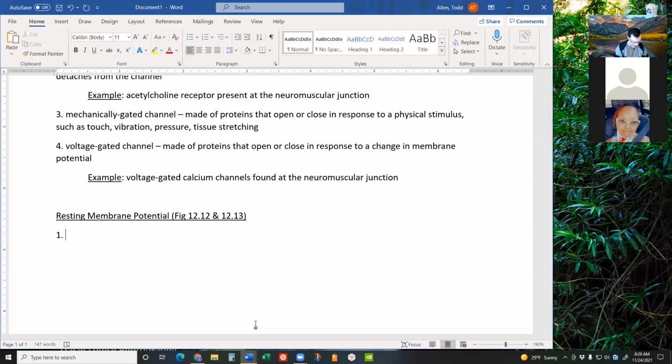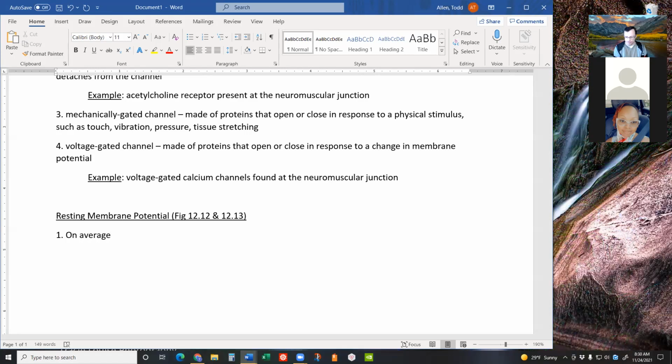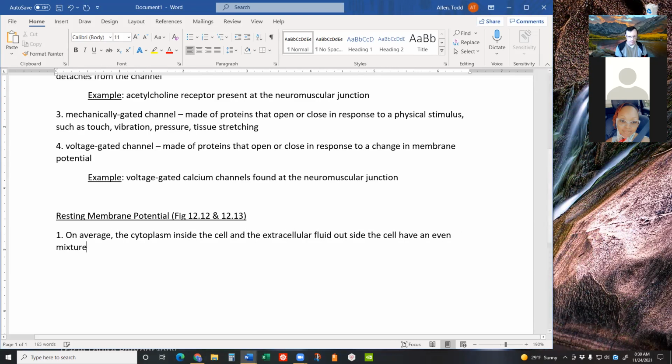So let's state it this way. On average, the cytoplasm inside the cell and the extracellular fluid outside the cell have an even mixture of positive and negative charges, where those charges are associated with a variety of ions and molecules that have a charge.